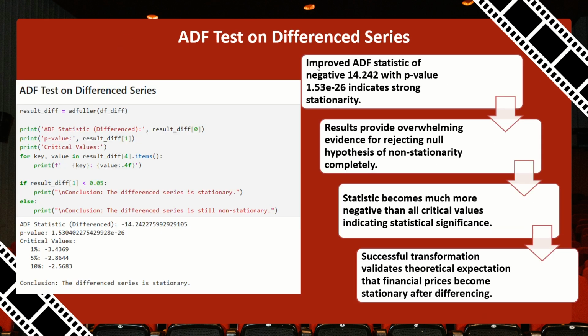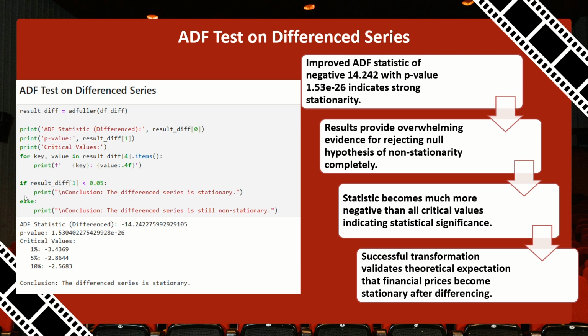After differencing the series, this has dramatically improved the ADF statistic to minus 14.242 with a p-value of 1.53e-26, which indicates strong stationarity in the differenced Netflix return series.